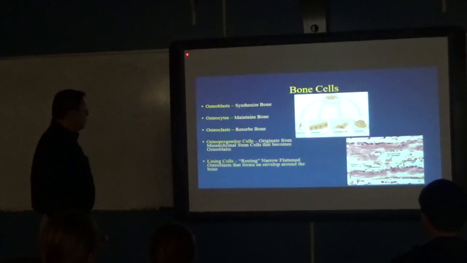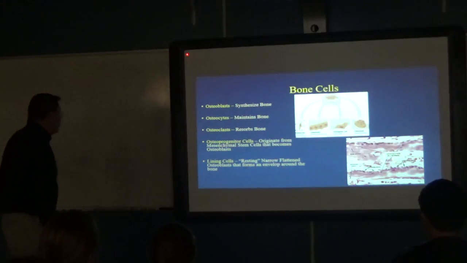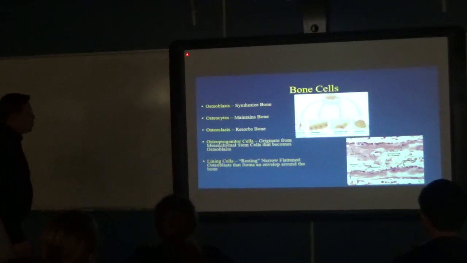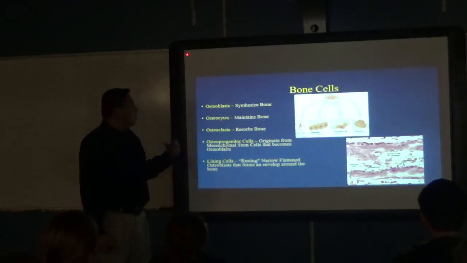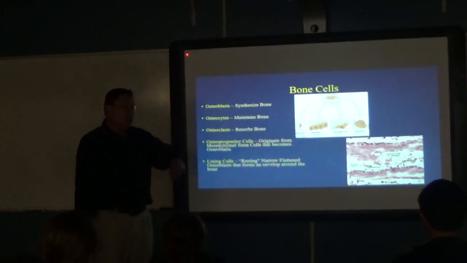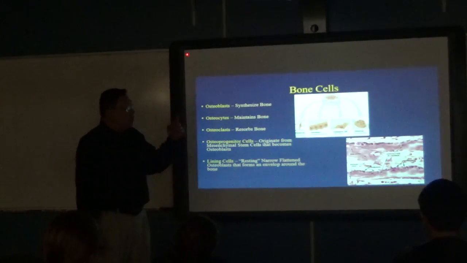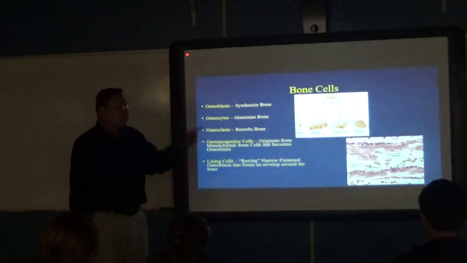There are several types of cells, you probably already know, going through the anatomy. Osteoblasts synthesize the bone, osteocytes maintain the bone, osteoclasts resorb bone. In bone physiology, there's always turning over of bones. As you get older, or have an injury, bone keeps resorbing itself and building back up. It's a continuous process.